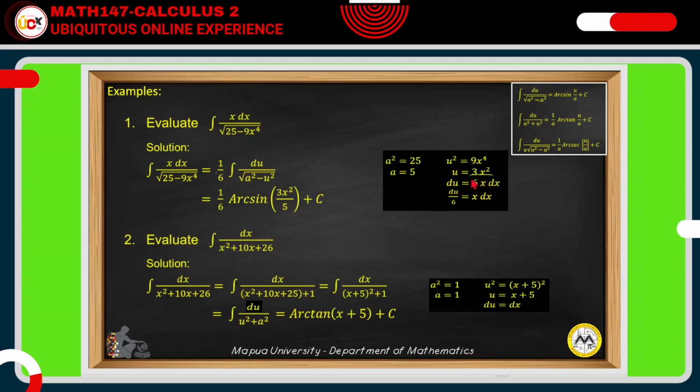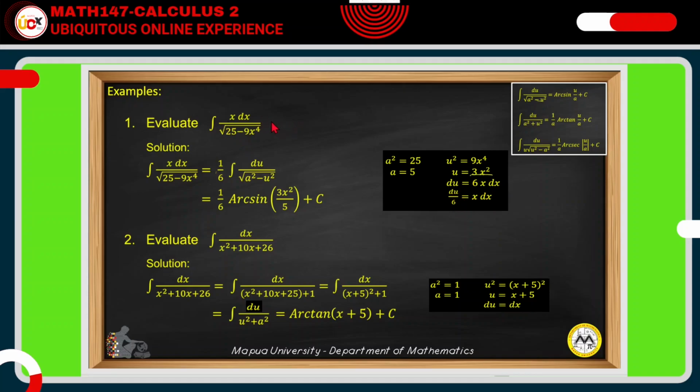And then by taking the differentials of both sides, du equals 6x dx. And if you look at the integrand, x dx is part of this differential, but 6 is missing. So by using substitution, we have to remove this constant 6 by dividing both sides by 6. So we get x dx equals du over 6.